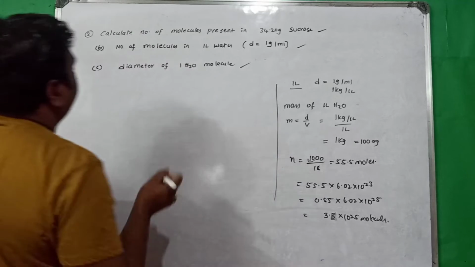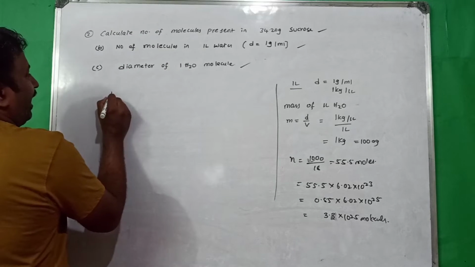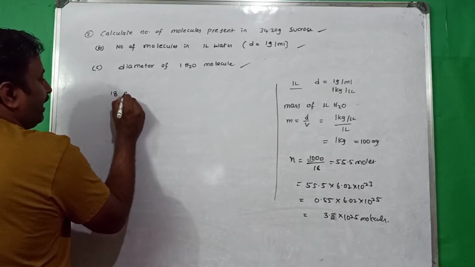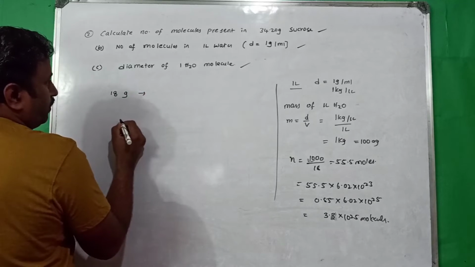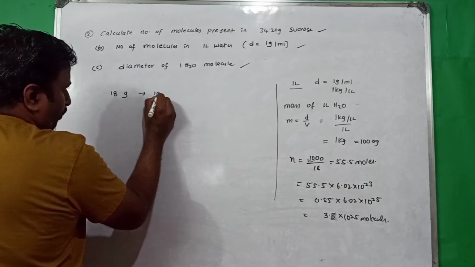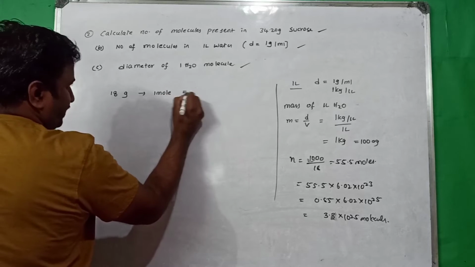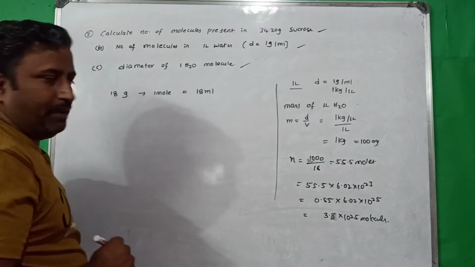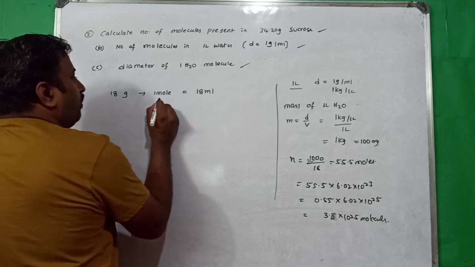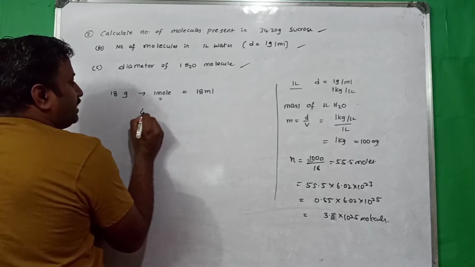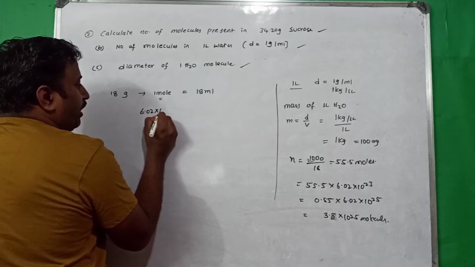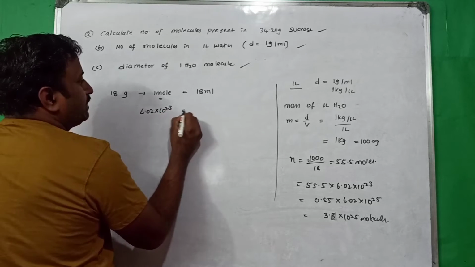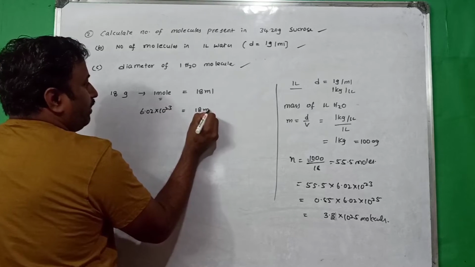Here, 18 grams is nothing but 1 mole, which is nothing but 18 ml. Now 1 mole, 6.02 into 10 power 23 particles, is equal to 18 ml volume.